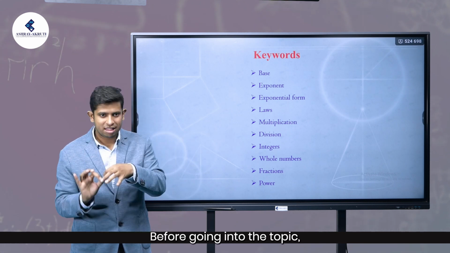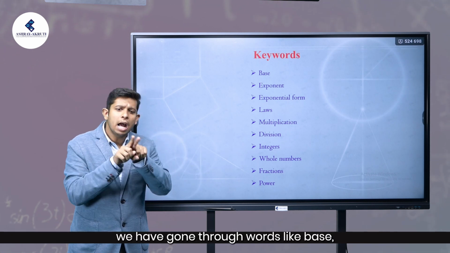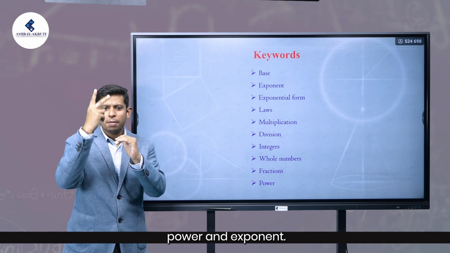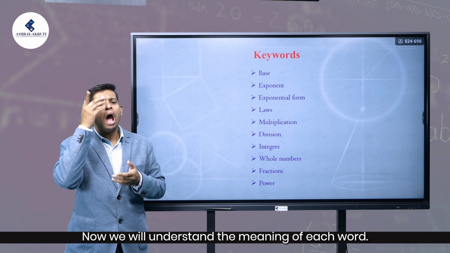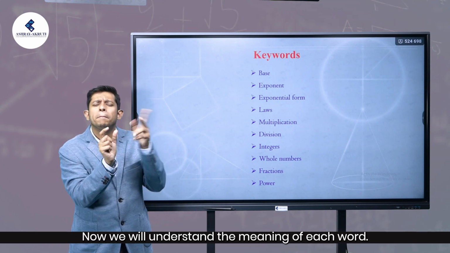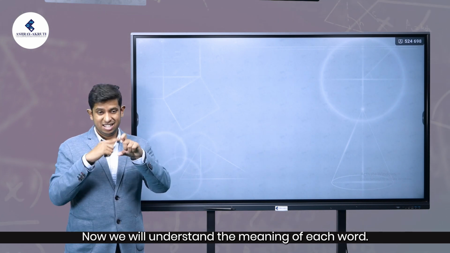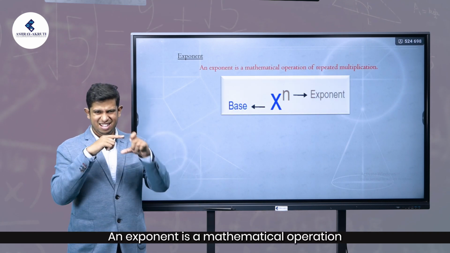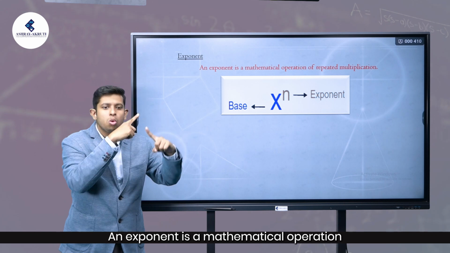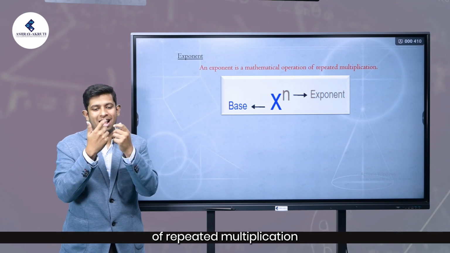Before going into the topic, we have gone through words like base, power, and exponent. Now we will understand the meaning of each word. What is an exponent? An exponent is a mathematical operation of repeated multiplication.